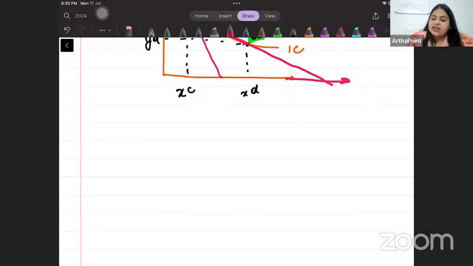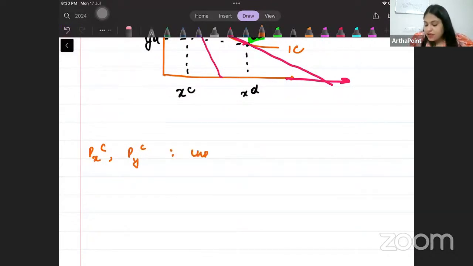So I can say that let PXC and PYC be the prices at which bundle C is chosen.